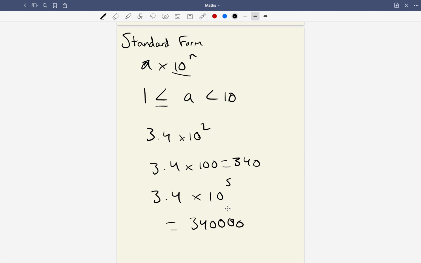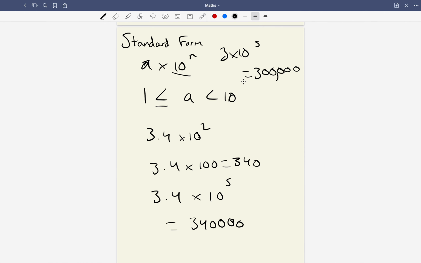You sort of add these zeros on as you go. And I guess the way you can look at it when you've got a positive integer for n is that you've got the stuff behind the decimal. So if I've got 3 times 10 to the power of 5, I'm going to have 5 zeros there, right? So I've got 300,000.